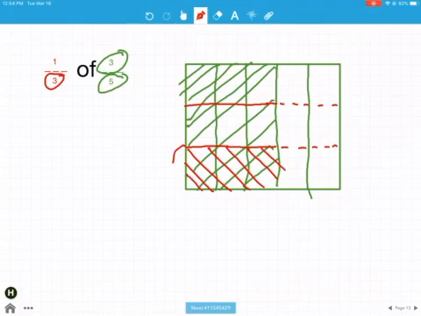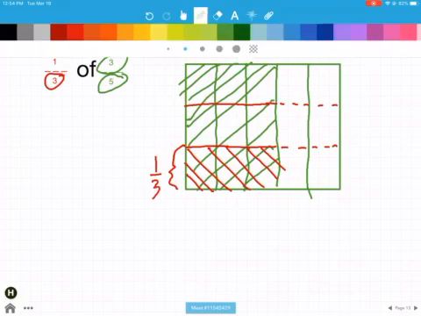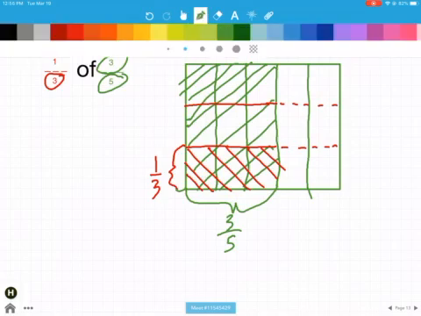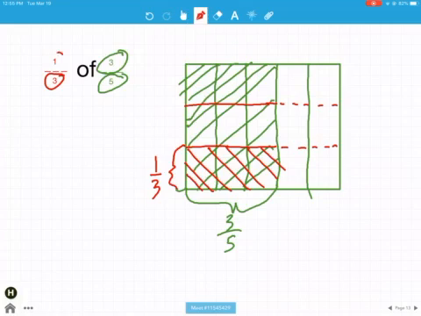So this is equal to 1/3. Let me label this so that you can see it a little better. And this is our 3/5. Okay, so that's the 1/3. Okay, we know that we need to shade in 1 out of those because it has it right here.